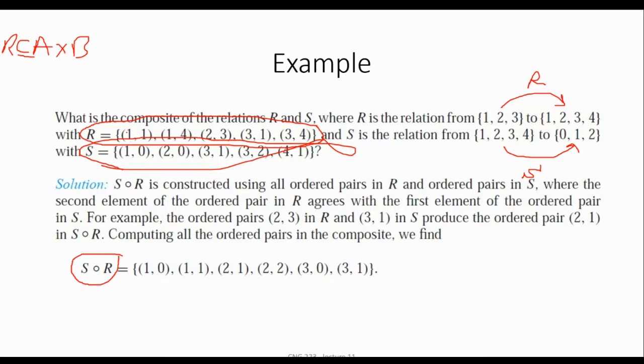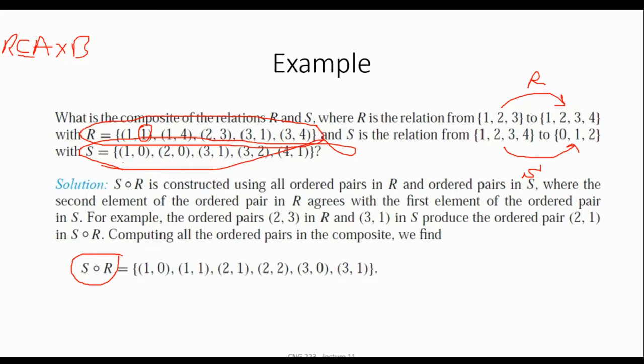It means that first check R. Here I have 1, 1. Check the second component of R, and then check the first component of S. If we have any common values, then that one can be a new element inside my S∘R.